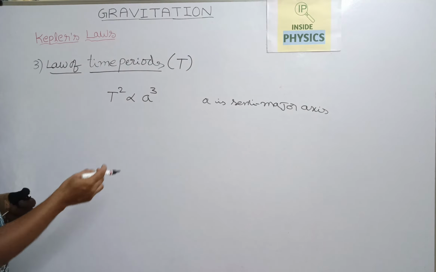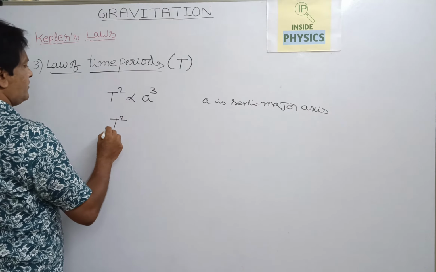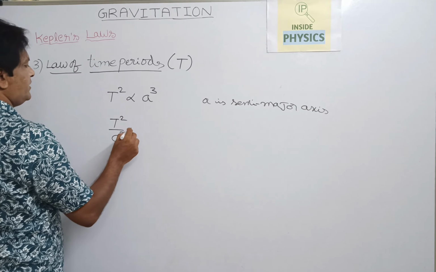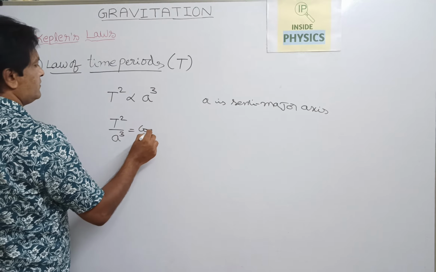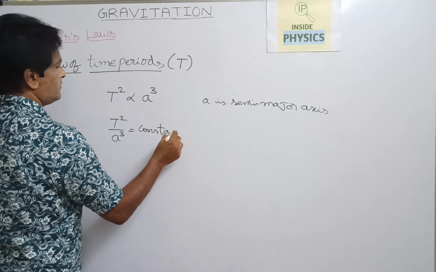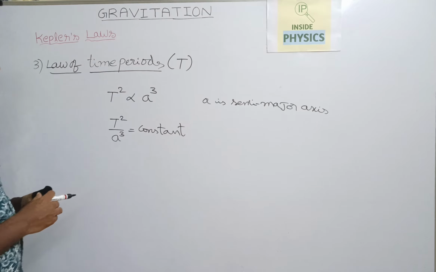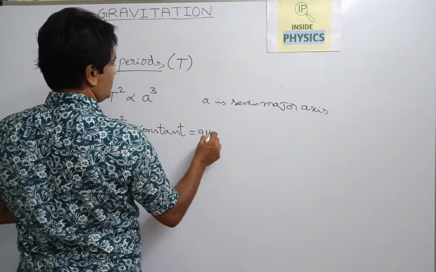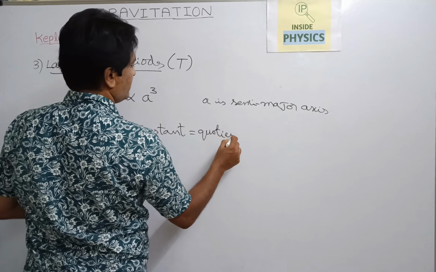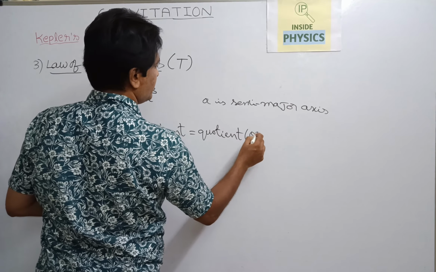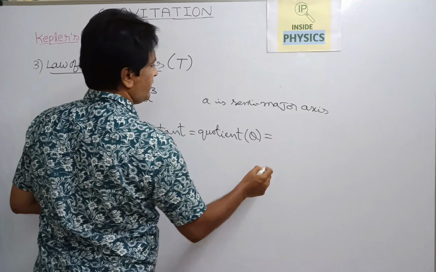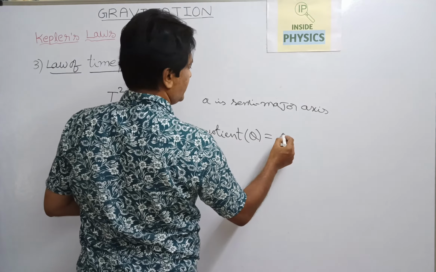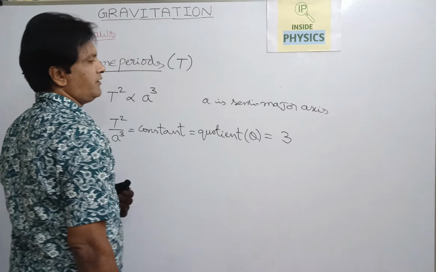So by this we can say T squared by a cubed must be a constant. This is called the quotient, denoted by Q. This will be nearly around 3 for every planet.